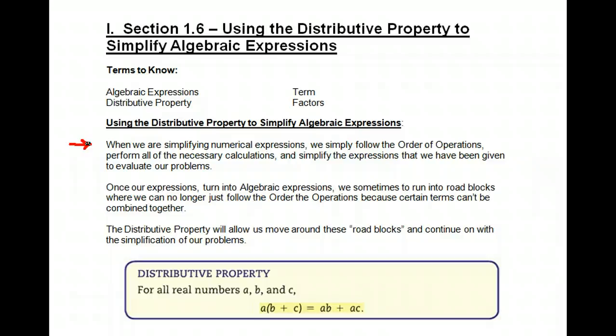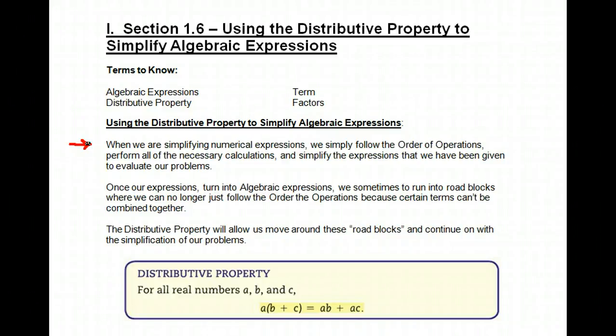Once an expression becomes an algebraic expression, meaning that we introduce a variable or symbol into the picture, we will often run into some sort of roadblock where we can no longer simply follow the order of operations because certain items cannot be combined together.